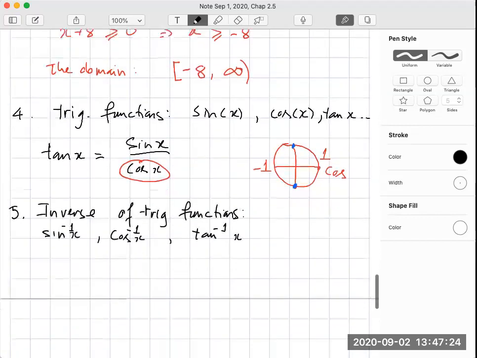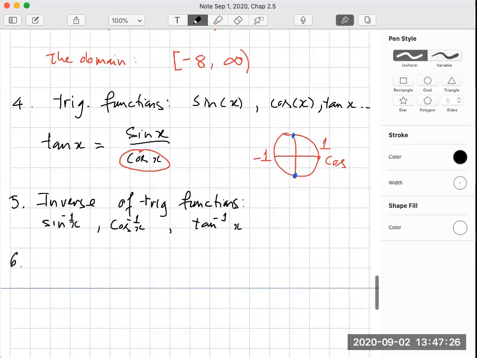And another type is exponential function, which could be e to the x, e to the 2x, or whatever. Okay?